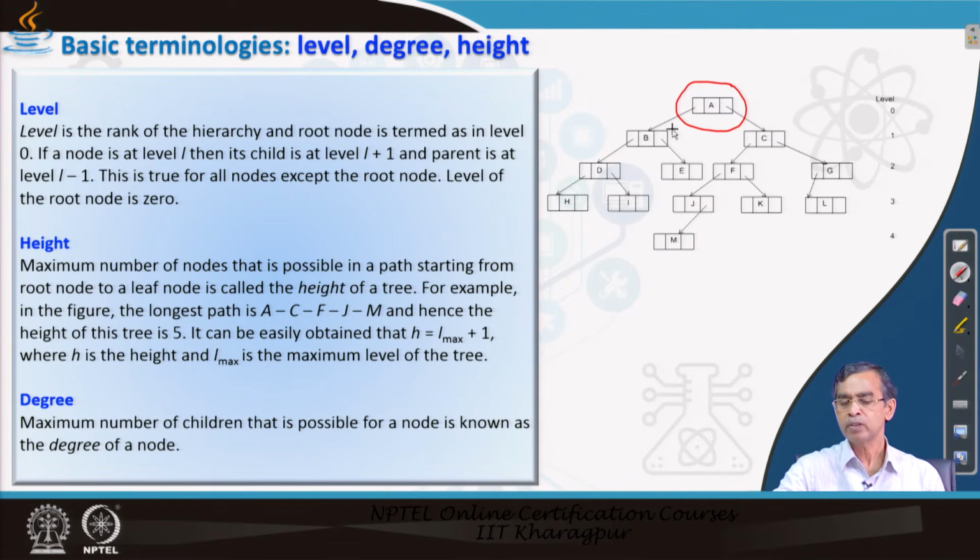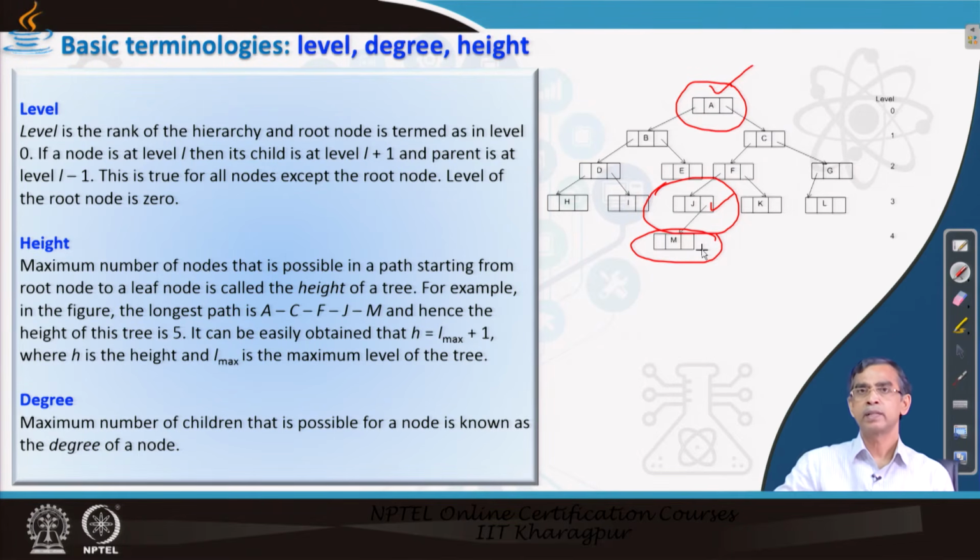What is the degree of this node? It has 2 children, so its degree is 2. On the other hand, if you come here, what is the degree of this node? It has only 1 child, so the degree of this node is 1. But if you come to this node, what is the degree? It is degree 0 because it does not have any children.